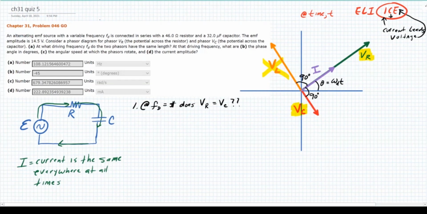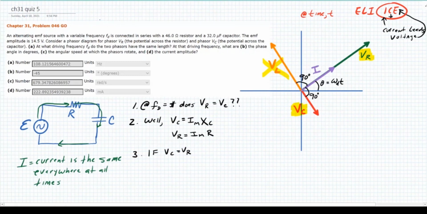Number two. I know that VC, according to Ohm's law, equals I times R, but I don't write R for capacitors, I write X sub C. And the voltage drop across the resistor is that same I value times R. If VC equals VR, at what driving frequency do the two phasors have the same length?